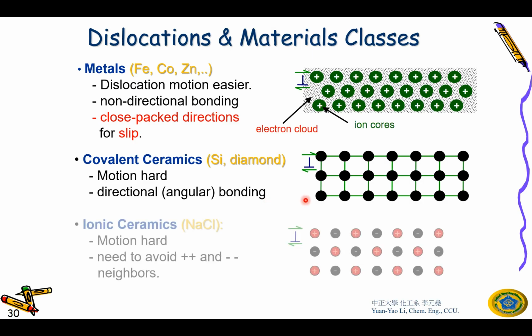For an ionic ceramic, for example sodium chloride, you have positive charge, negative charge, positive charge. Motion is also hard because the bond energy is high, and you need to avoid positive or negative neighbors. But once you break it, like charges will repel. That's why ionic ceramic is brittle, right?